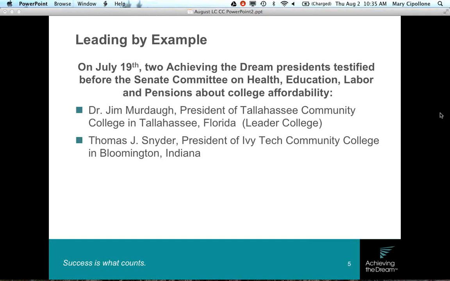In his testimony before the Senate Committee, he mentioned that he had met that goal by more than 10%, and a good bit of that he attributed to the work that his team had done on Achieving the Dream. They had, for example, increased their persistence rates from 55 to 60% before they joined Achieving the Dream to 75 to 80% after they joined.